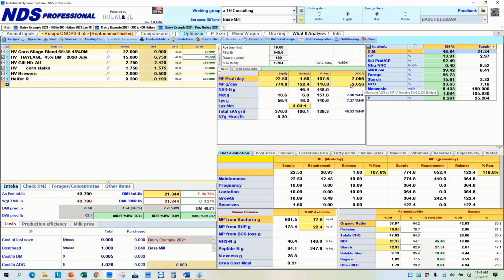These animals will not gain 2.65, and that's probably more like 11% over, but I really have a hard time feeding pregnant heifers much less than a 13.9 or a 14% crude protein diet.